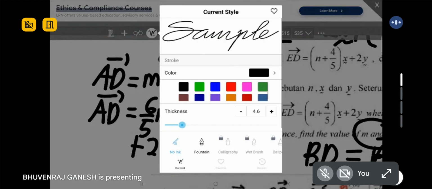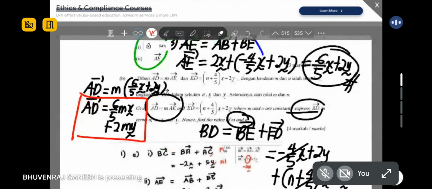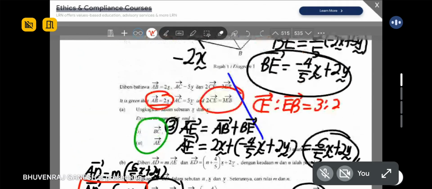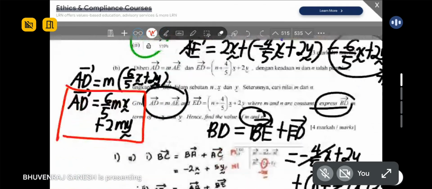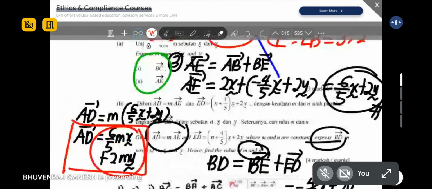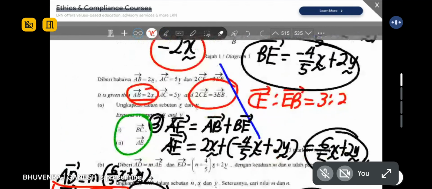So you see, guys, see carefully here. You have AD here, and what else? Okay, you have the BA plus AD, correct? So negative 2x, you plus with this answer over here. Then you get BD. Do you see the concept, guys? Because BA plus AD sama dengan BD.